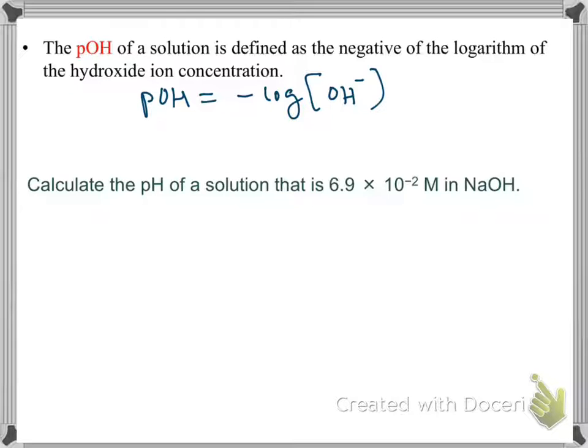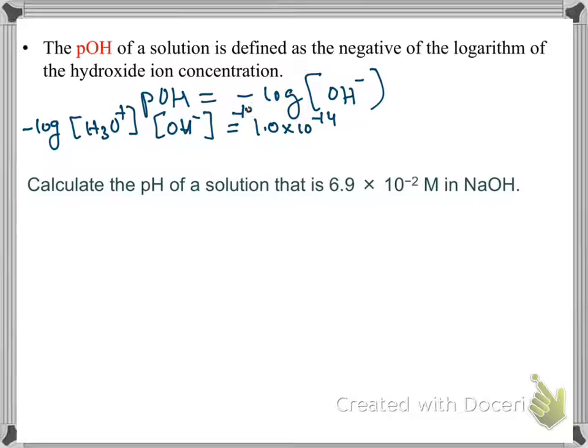So let me derive something here. We already learned that H3O plus times OH negative is Kw, and Kw is 1.0 times 10 to the negative 14th. I can take the negative log on both sides. Then what will be my formula?